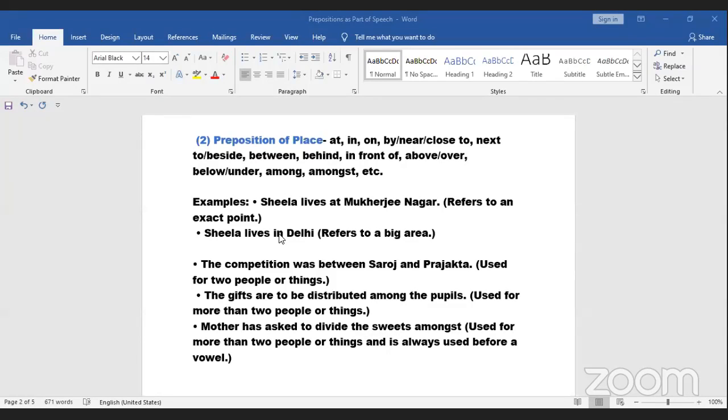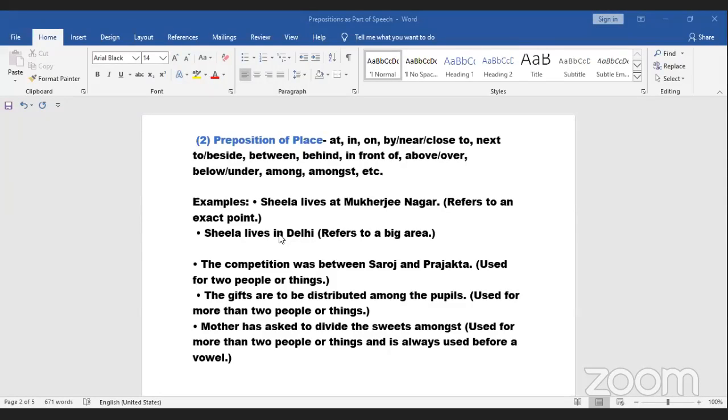Now I've told you guys how in, at, on, by differ when we talk about them as a preposition of time. In here it is preposition of place. Okay. Now the second confusing thing is where to use between and where to use among. See, between, as I've taught you guys, for each other and one another.